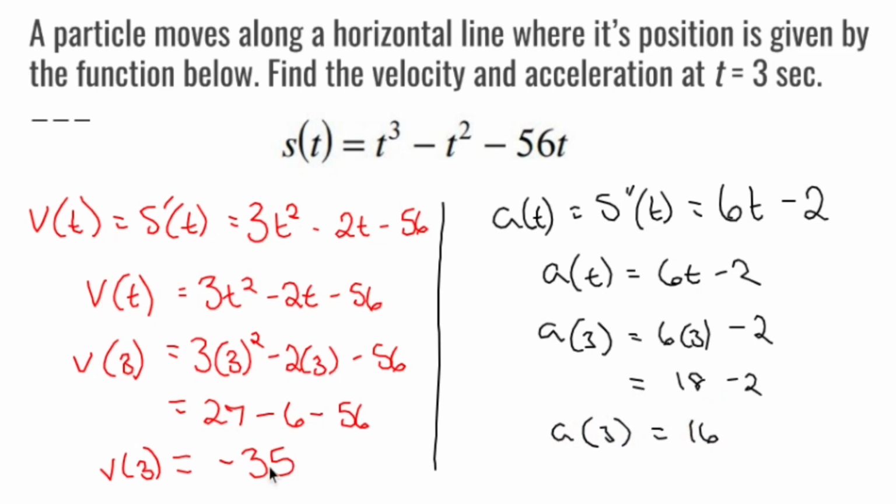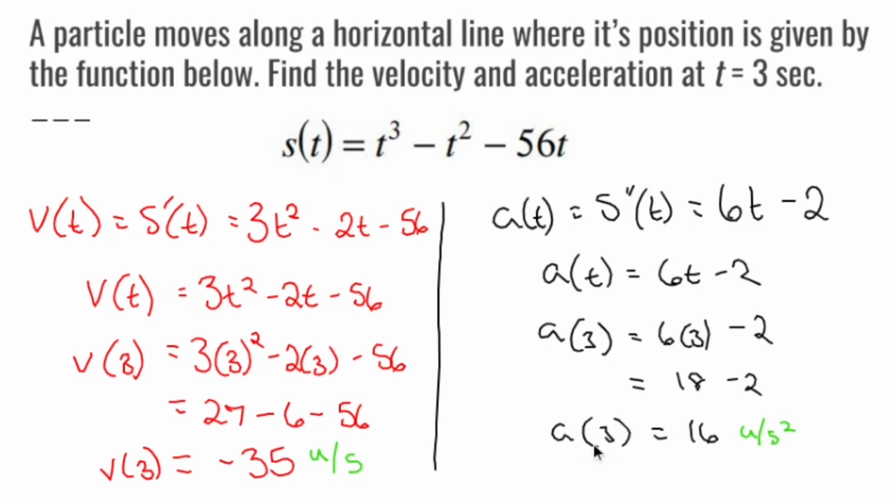So let's attach units of measure to this, right? Velocity is like miles per hour, feet per second. It doesn't give me a unit for position, so we'll say units per second. For acceleration, it's units per second squared. Now, what's happening at this 3-second mark is I'm hitting the pedal to the metal.